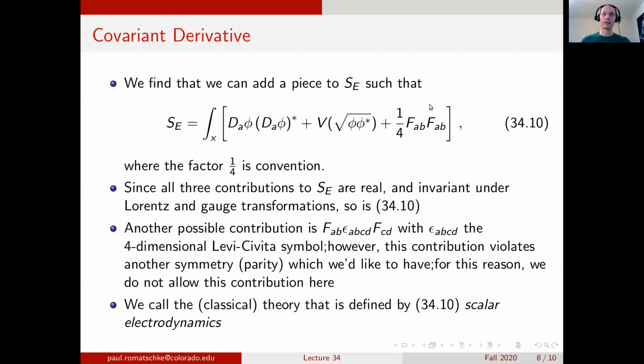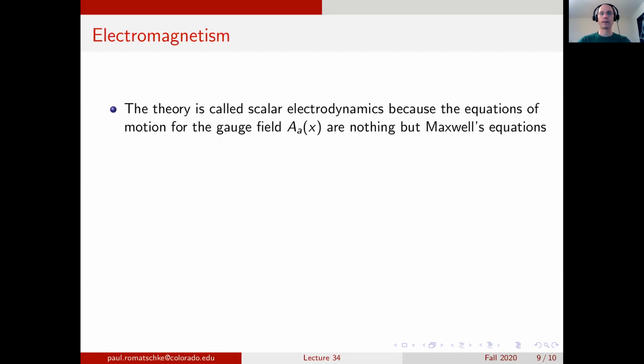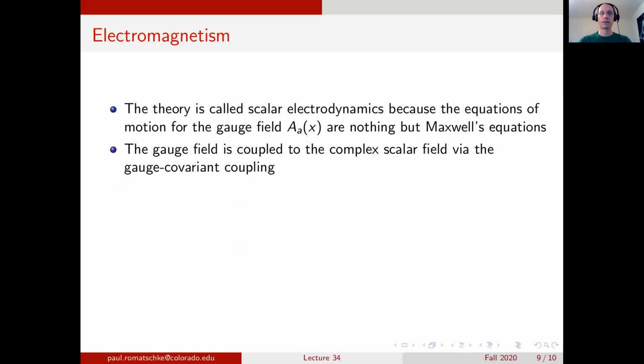The action that is written in equation 34.10 defines a theory that is called scalar electrodynamics. Why is it called that? It's called that because the equations of motion for the gauge field A are nothing but the classical Maxwell equations. The gauge field is coupled to the complex scalar field via the gauge covariant coupling.